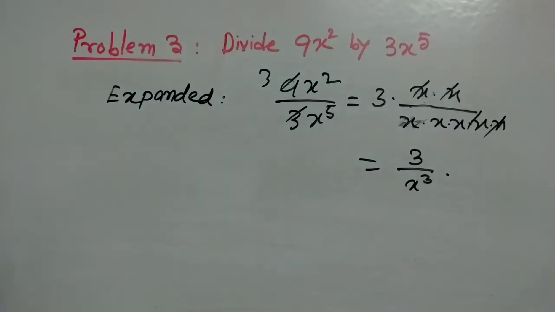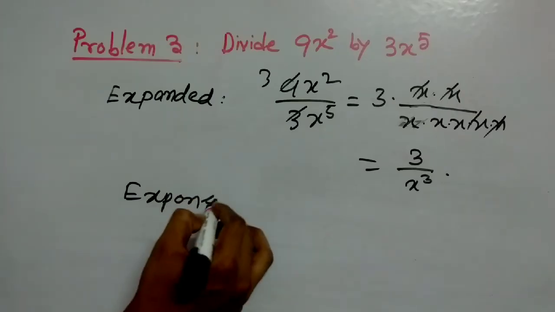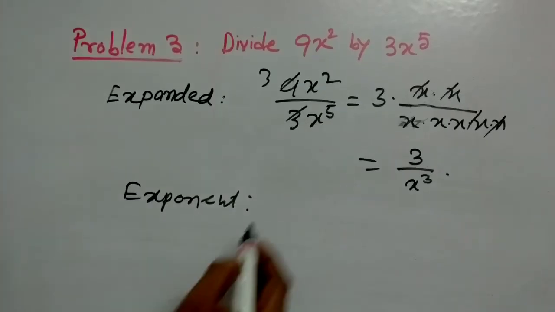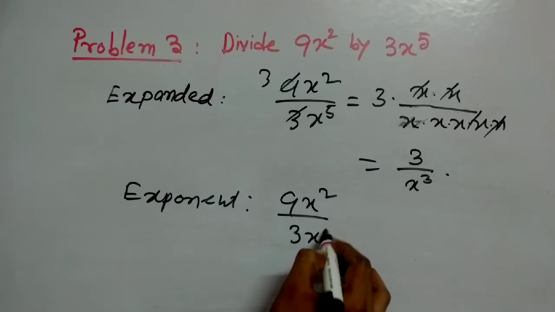Now if we go for the exponent method, then what will happen? See, it is 9x square by 3x to the power 5.